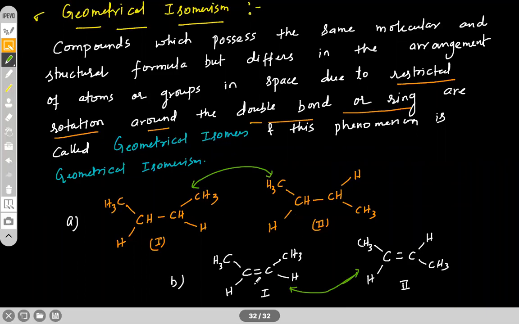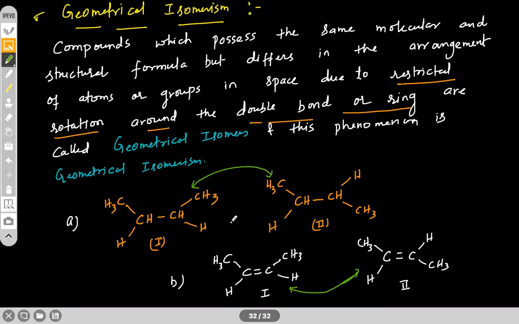We are taking a pair of compounds here because isomers we only define in a pair. It is not absolute. We cannot say this compound is an isomer. Isomer of what? That does not make sense. So isomers we always define in a pair, and that's why I have taken a pair of compounds.